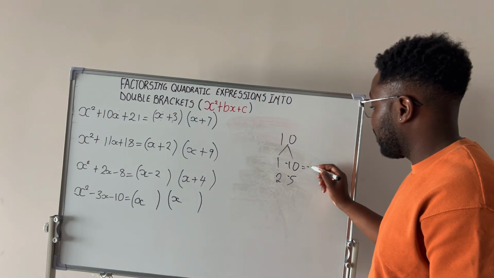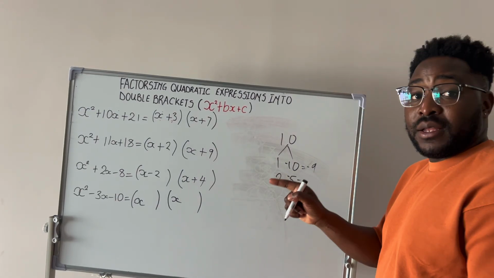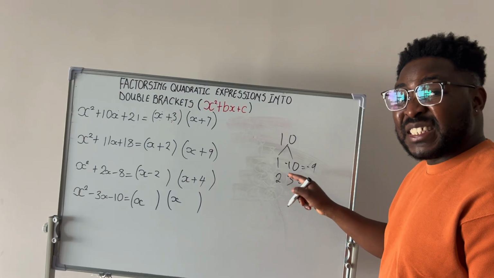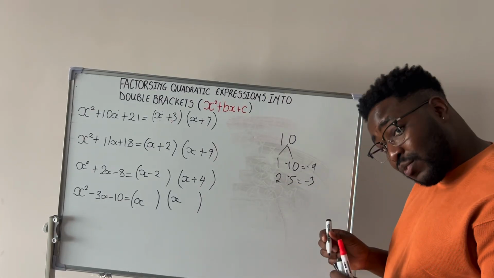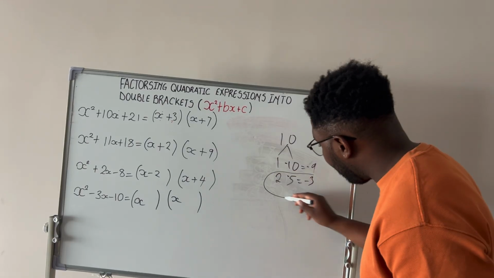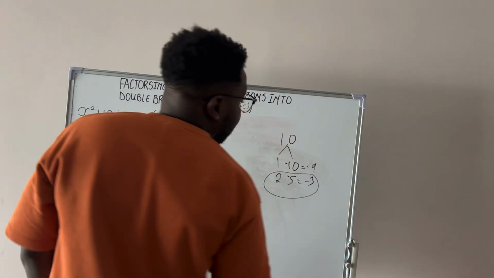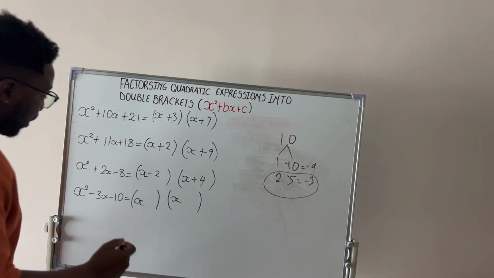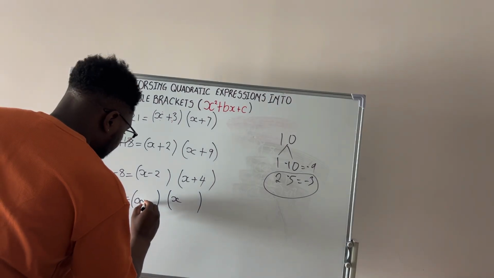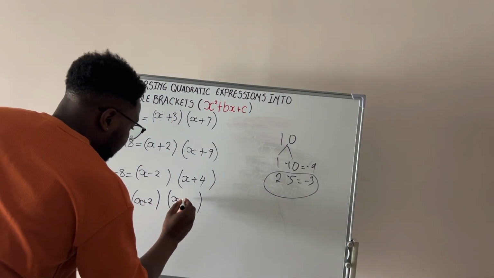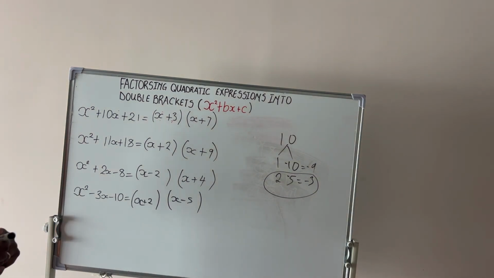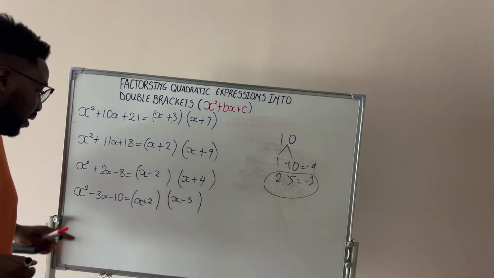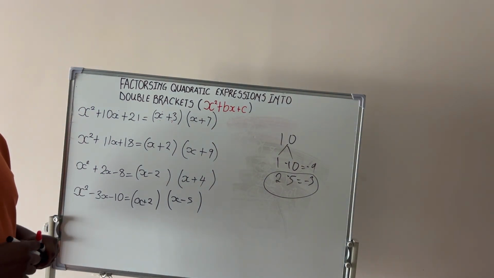And 2 plus -5 gives us -3. So this pair right here is what we are looking for, and all we have to do is simply insert them in our brackets. And there you go, you have solved the last quadratic expression.